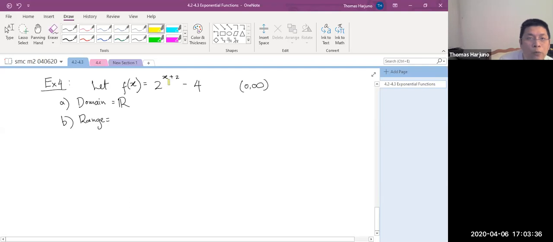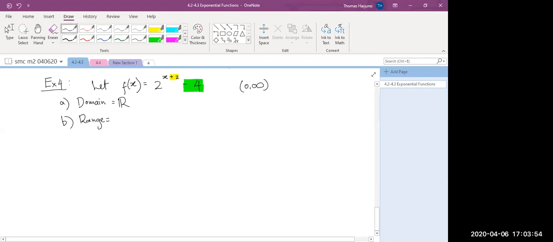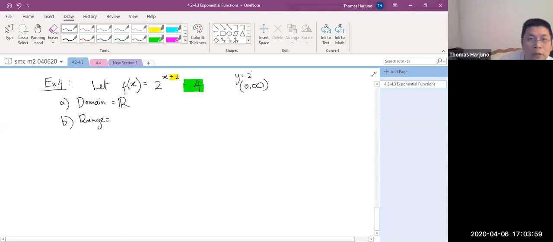And then we move 2 units to the left. Moving to the left or to the right will not change the range for any function. However, what changes the range is when we move it 4 units down. So what is the new range now? Negative 4 to positive infinity.